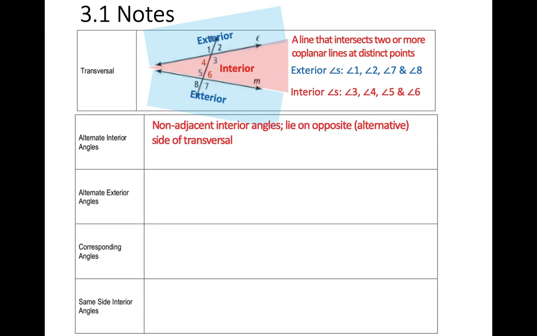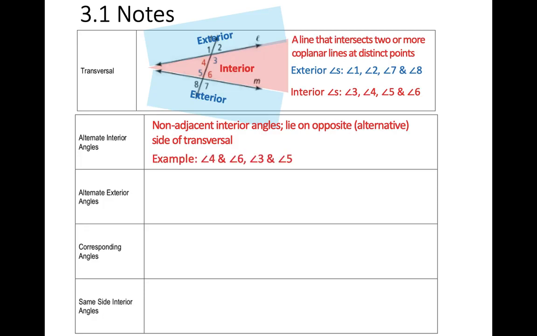Okay, so in our notes, non-adjacent interior angles, they lie on opposite or alternate sides of the transversal. Okay, I would just draw a diagram. I think that is probably the easiest thing to do. Right, alternate interior angles are on alternate sides of the transversal on the interior, as I was showing before. I don't think I have a graph here, do I?